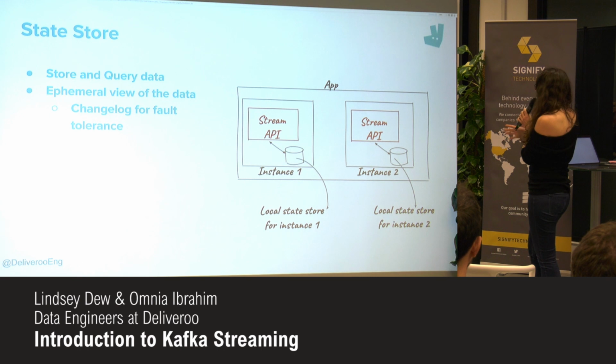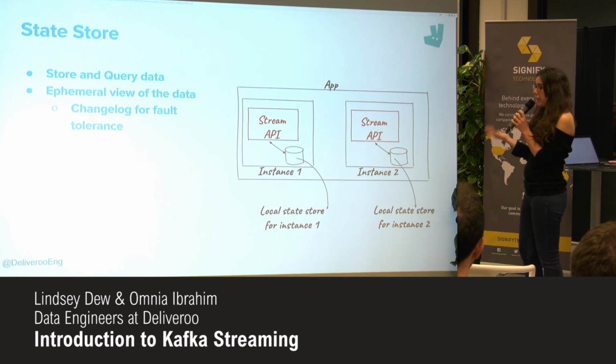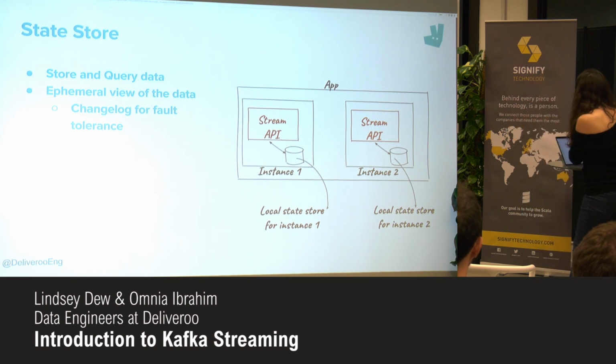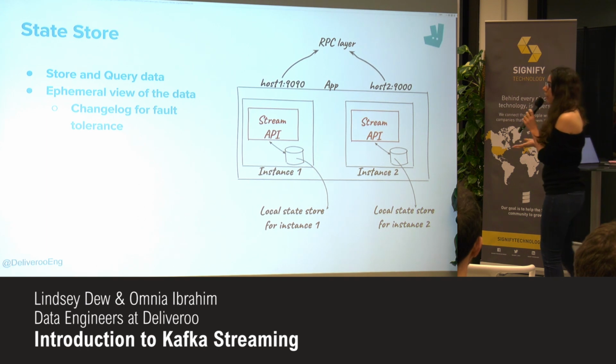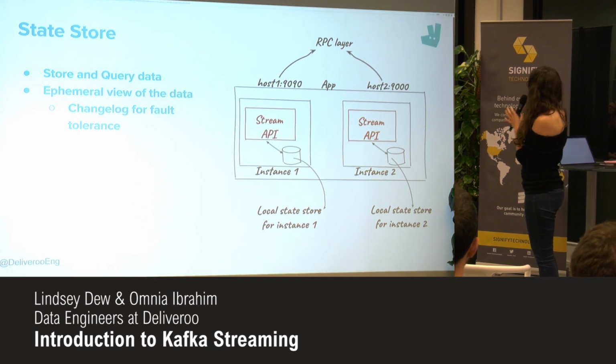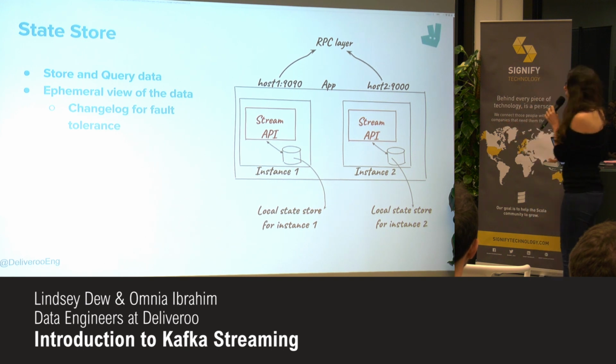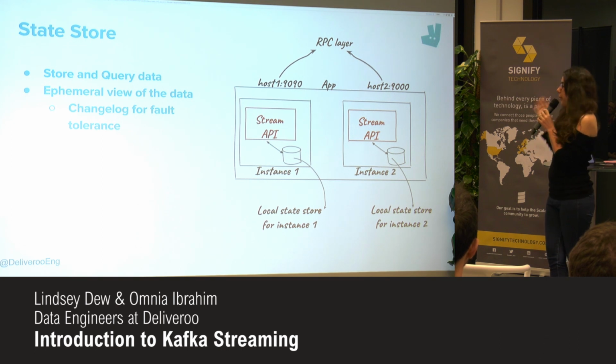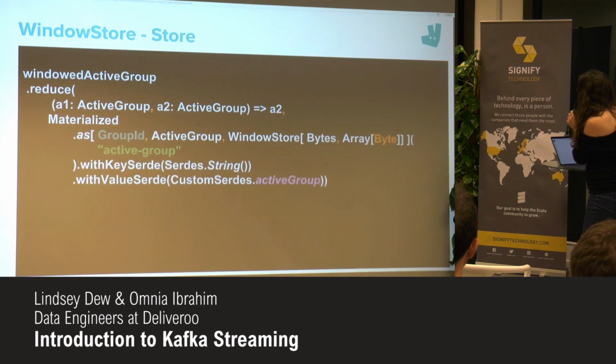So if you're interested in running across multiple instances and you need your full data set, then you can implement an RPC layer, for example, REST. This means the instances can find which other instances are in service and potentially remote query them to get the full data set. Because we're running this on an internal tool, we can run this on one instance, so we actually haven't implemented this in our code, but it is an option.